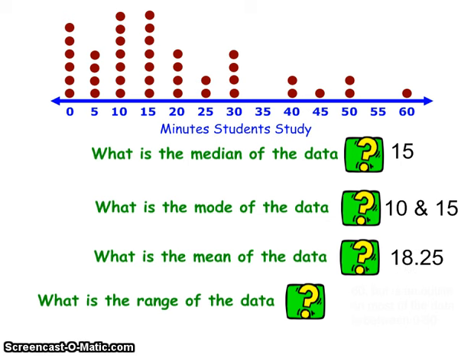The mean is going to be 18 and 1/4, which means we added up all the minutes and divided by 40. Even though these students studied no minutes, they are still in our data. The range is 60, but it's an outlier, so most of the data is between 0 and 50.